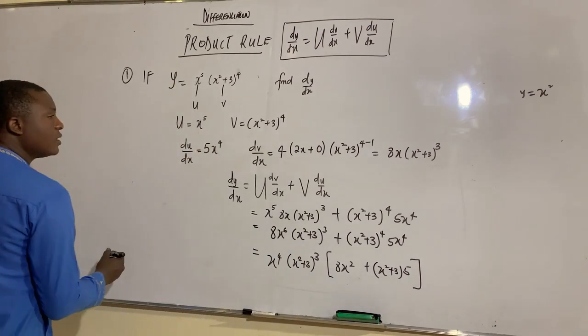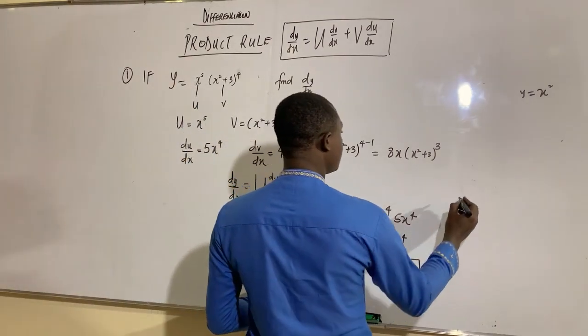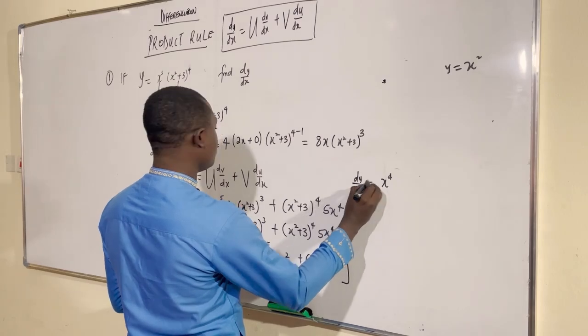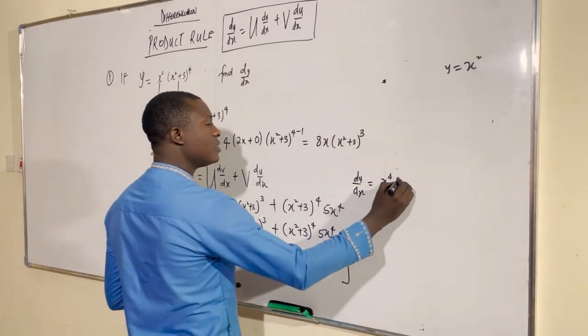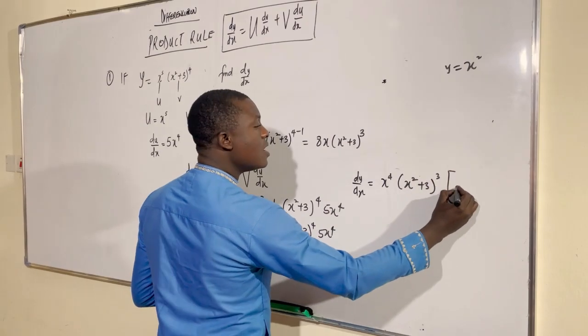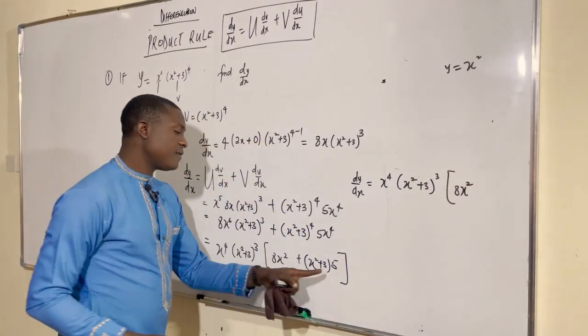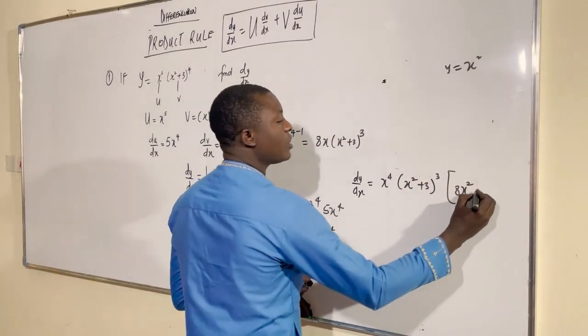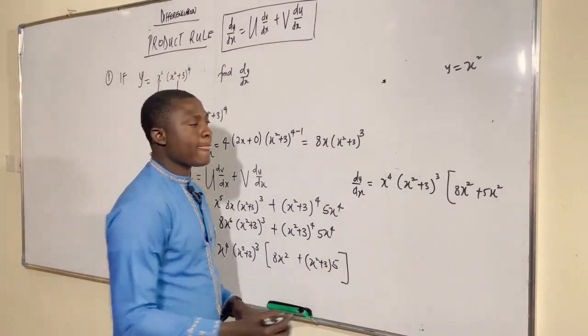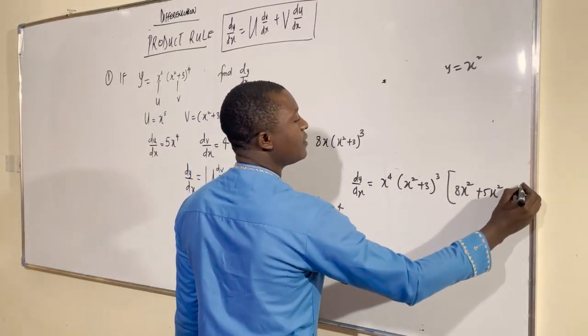So here we can have dy/dx equal to x⁴, then I have (x² + 3)³, 8x², 5 times x², we are going to have 5x². 5 times 3, we are going to have 15.